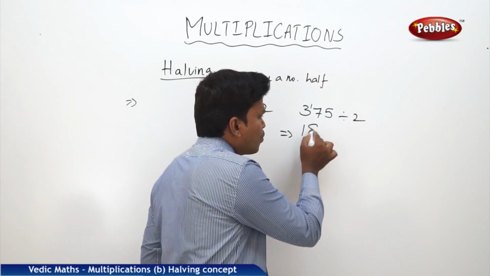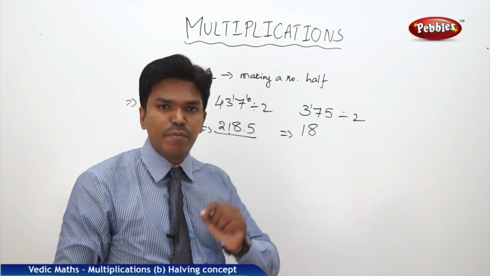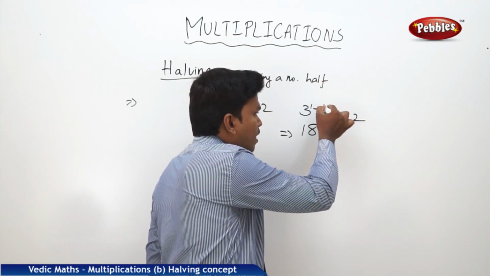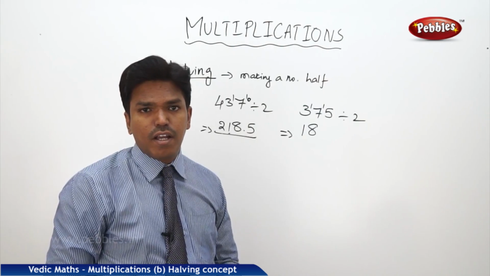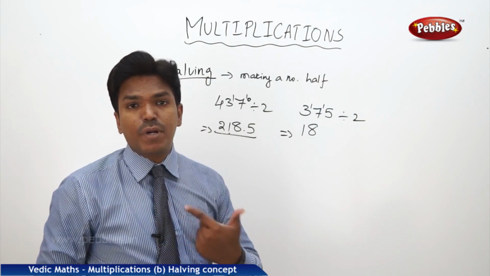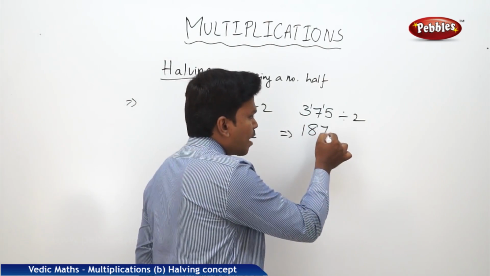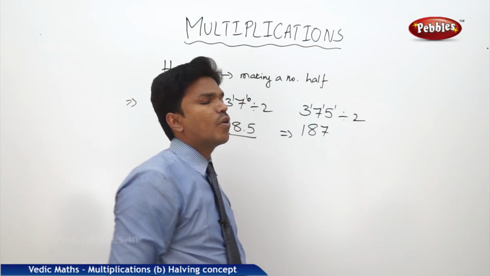Eight times, so 2 8s are 16, that is 17 minus 16, what is the remainder? 1. Again put the remainder 1 before the next number. Now it is taken as 15. How many times does it go? 2 7 times, 14.